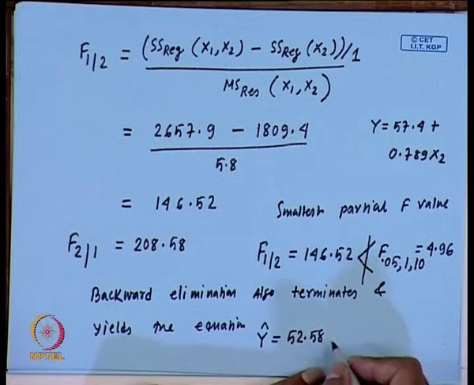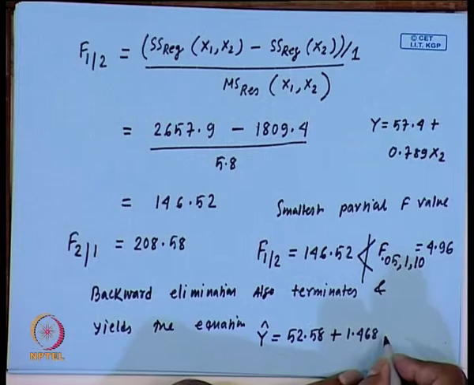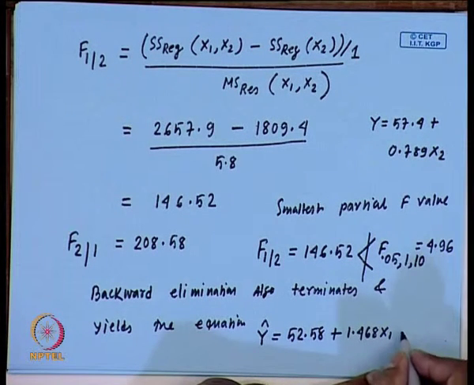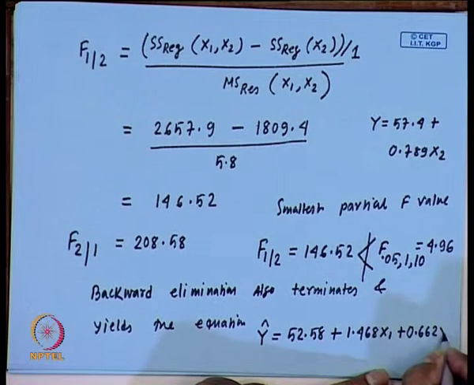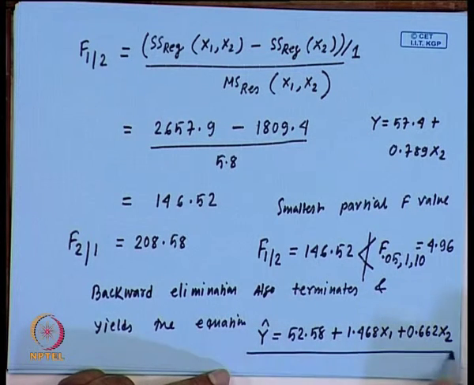That means, the model involving x1 and x2 is the best subset regression model. So, the output of the backward elimination algorithm for the Hall cement data is that the subset model involving x1 and x2 is the best, okay, according to the backward elimination algorithm.